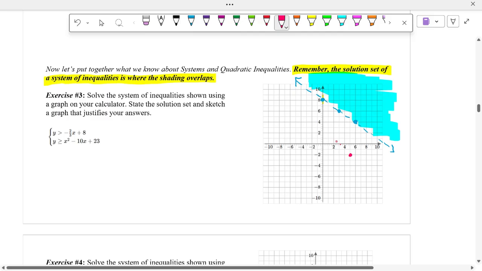So 2.1, 6.6, about right here. 2 point, whatever, close enough. And then 7, and then 3, so about right here.